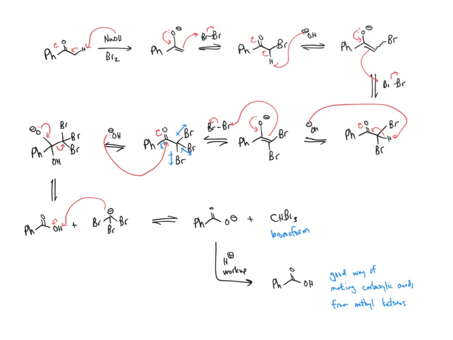You get tribromination via the electrophilic addition mechanism through the intermediacy of that enolate, but then the additional equivalent of hydroxide can attack the carbonyl and undergo a nucleophilic acyl substitution to give you your carboxylic acid product.